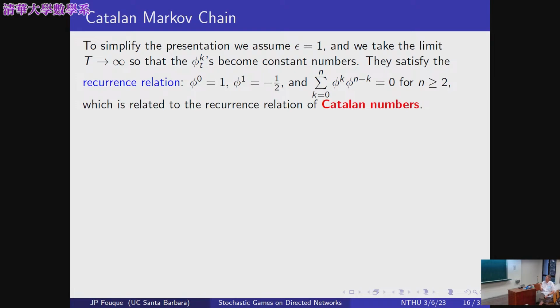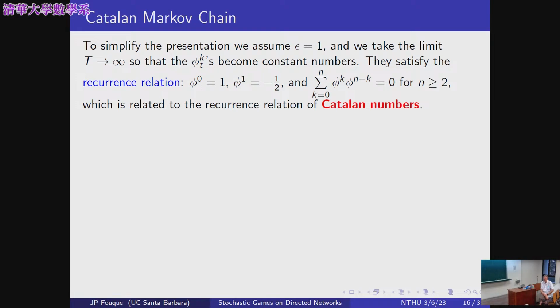I could do the full thing, but if you take T to infinity, you have now numbers. They are not equations anymore, they are numbers. So phi 0 is 1, phi 1 is minus 1/2, and you have all this relation between all your numbers. It turns out that this relation is related to Catalan numbers.